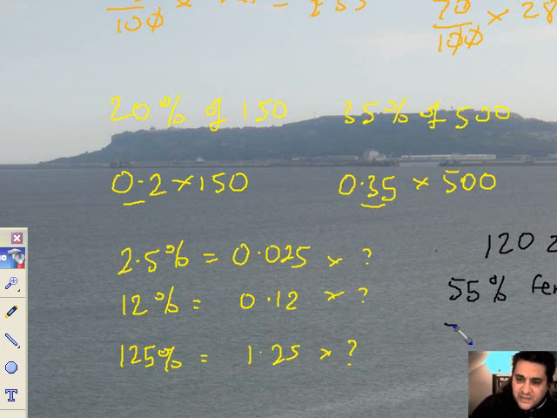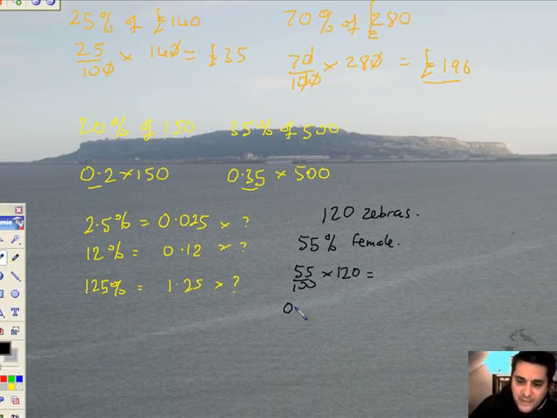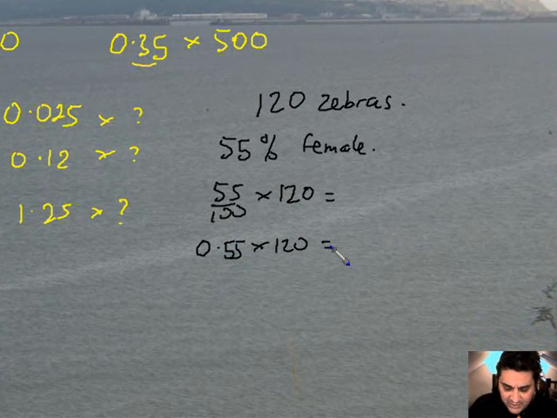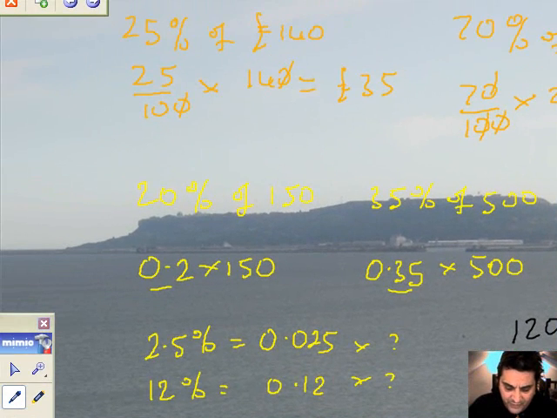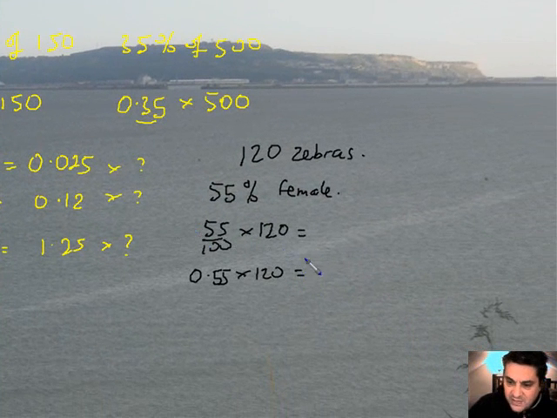Well, 55% of these are female. Using a multiplier, 0.55 times 120. Well, these are the females. I'm going to grab my machine now because I'm allowed to do that. So 0.55 multiplied by 120 equals 66.